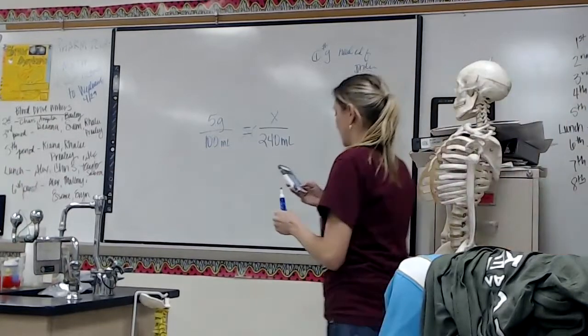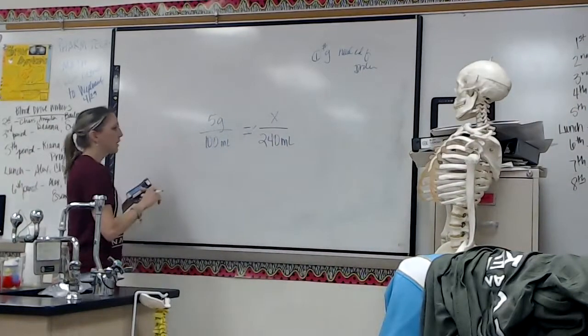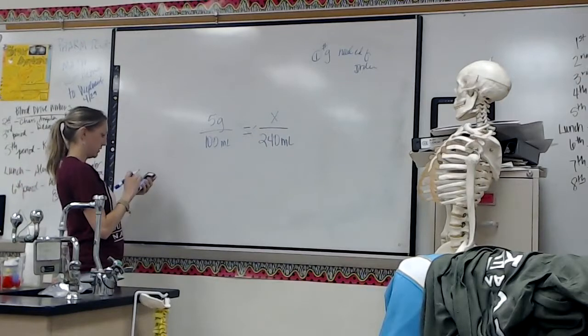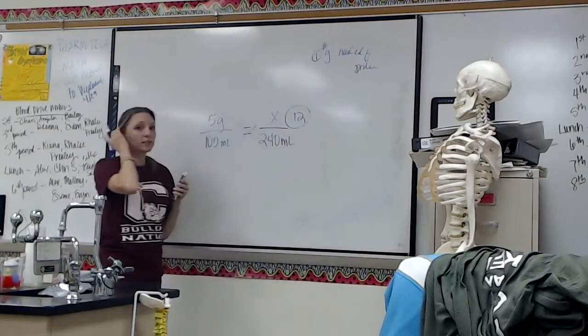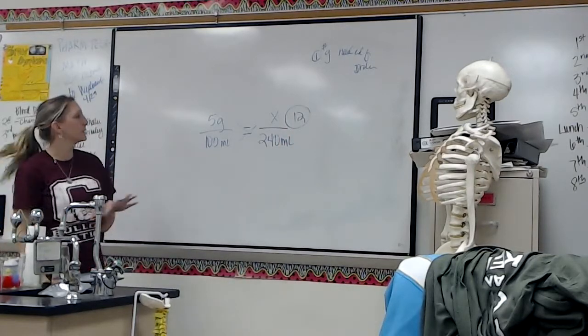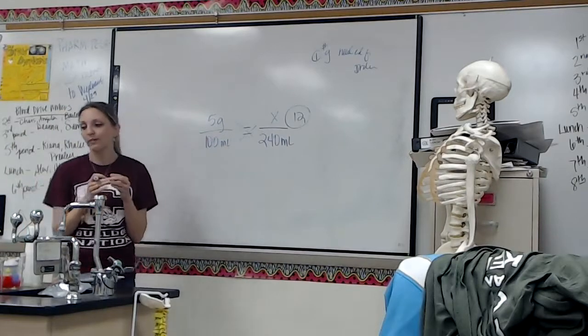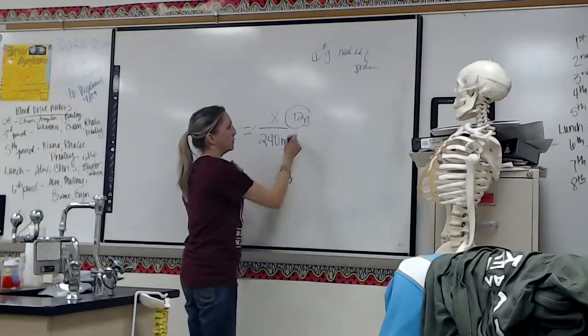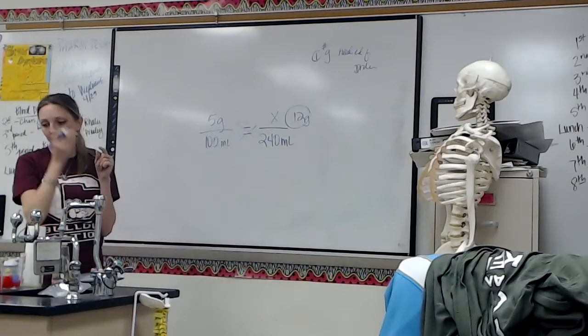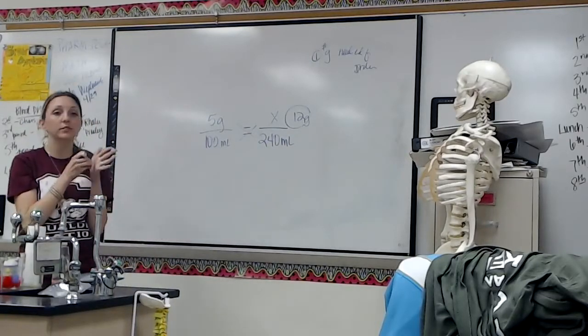If we work this out, 240 times 5 divided by 100, we get 12. That means in order for us to get 8 ounces of a 5% lotion, we've got to have 12 grams of the methyl salicylate.